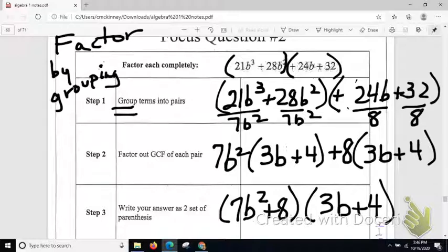And distributing is exactly how you would check your answer. So you would do all 4 parts like FOIL, and you would find there's nothing here that combines like terms, and you should get back to your original question.